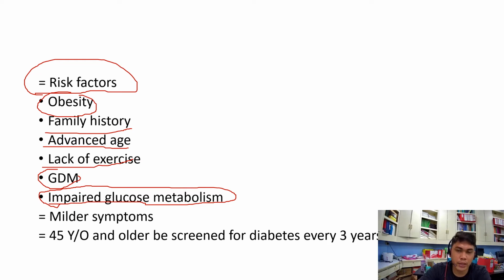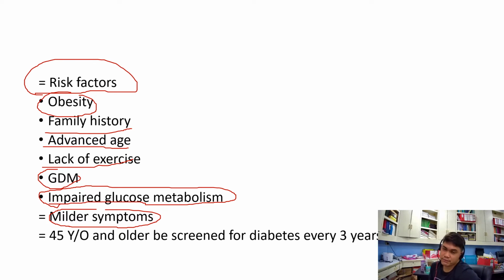So type 2 has milder symptoms compared to type 1. For example, with weight loss, type 1 is usually rapid weight loss, but type 2 is usually gradual weight loss. Those 45 years old and older should be screened for diabetes every 3 years, and this is for those who do not have a family history of diabetes.